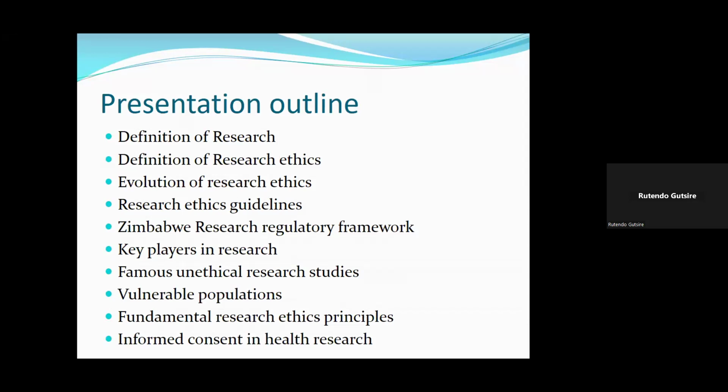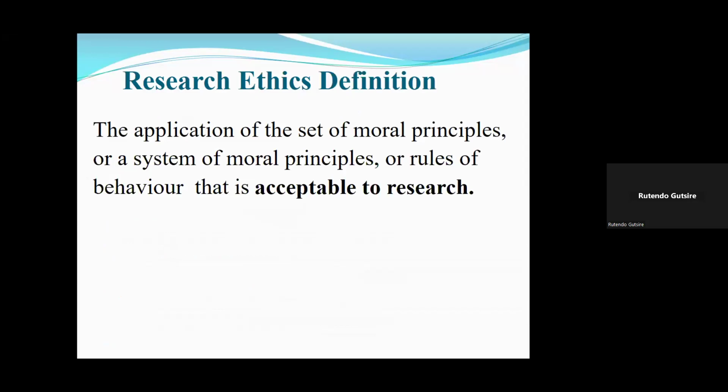So let me see how I can write. The definition of research ethics is the application of the set of moral. What do you mean when we say moral? Moral hinges on the aspect of something being wrong or something being right. So without even writing these things down, you can actually know intuitively that doing this is wrong, doing this, but we've put these things in writing so that we can all share.